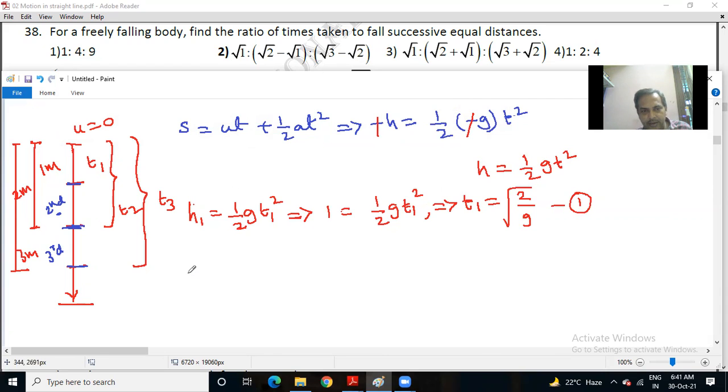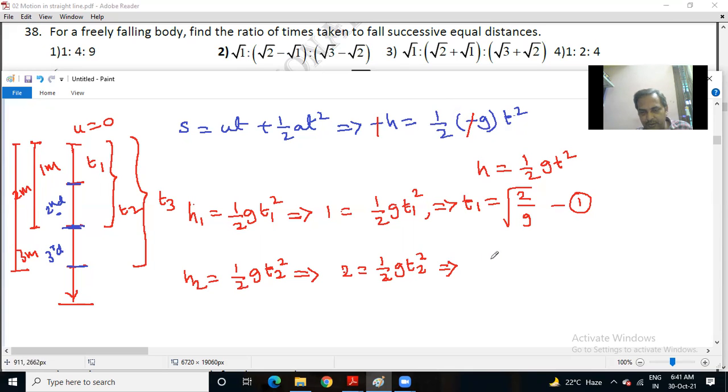Now similarly, h2 is equal to half g t2 square. So first you take h2 as 2 meters. So 2 meters is equal to half g t2 square. Now let me write this as 4.